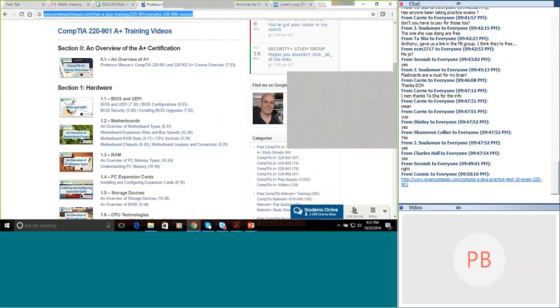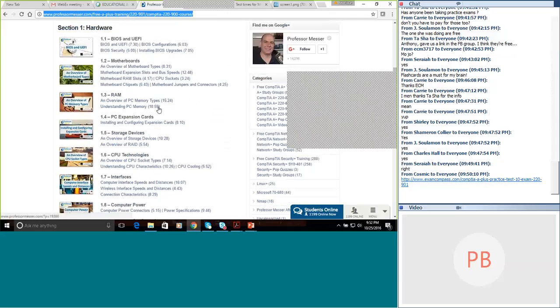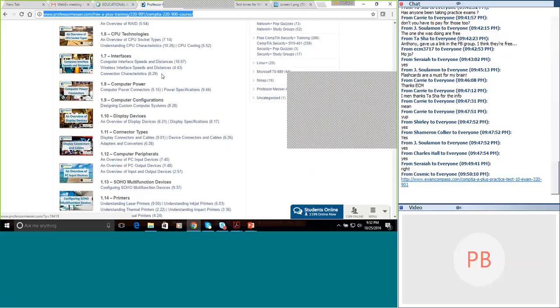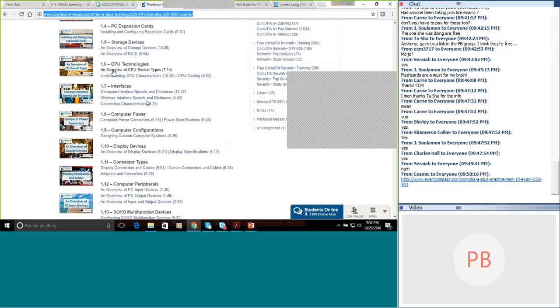So these go according, and a lot of video sets and stuff that you'll see go according to, and you see when he talks about CPUs, what he's talking about: socket types, characteristics, CPU cooling.